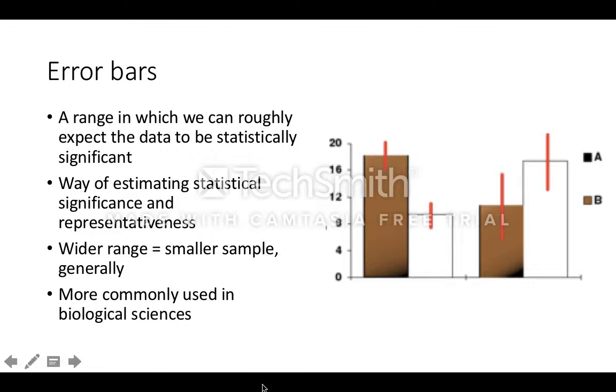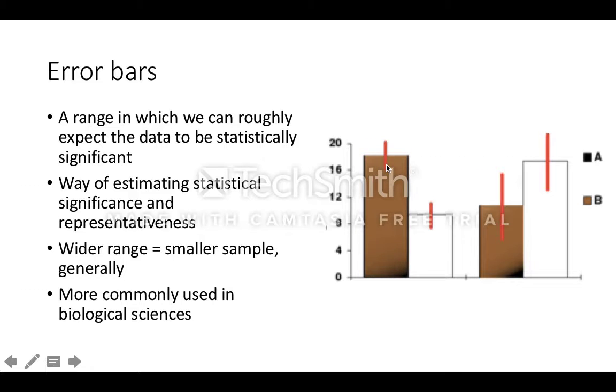Error bars function a lot like confidence intervals, only they're more of an estimate. They're sort of a way of eyeballing the statistical significance and representativeness. So on this error bar here, this first one that's brown, it looks like the actual value was, I'm going to say 18.